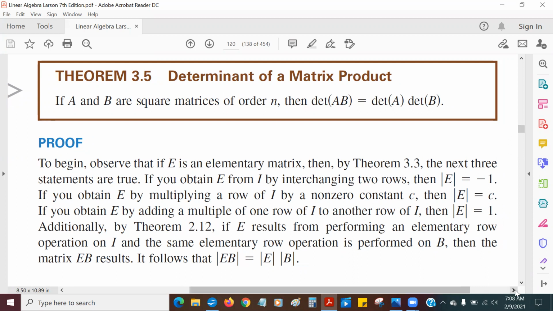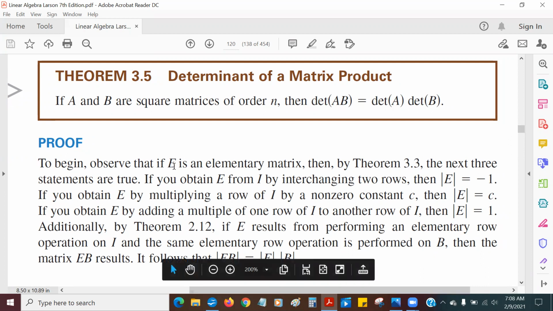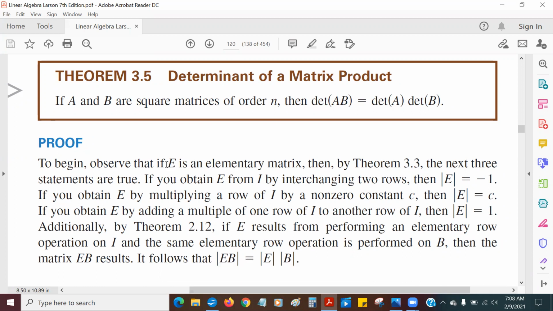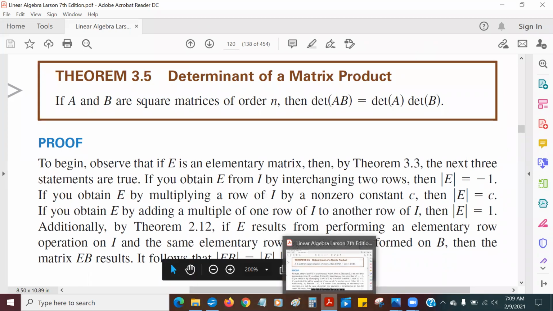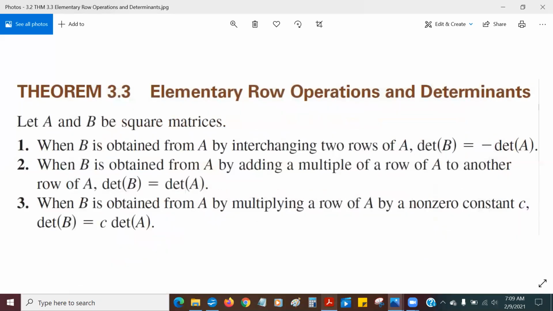So forget the proof, forget the theorem. We just want to talk about elementary matrices. Now, we know from Theorem 3.3, I'll just show you 3.3 to refresh your memory. Here's Theorem 3.3: when A and B are square matrices, and B is obtained by interchanging two rows, then it makes the determinant negative.